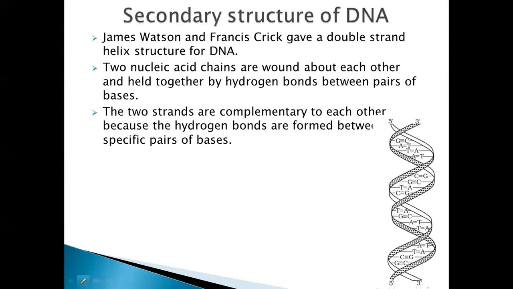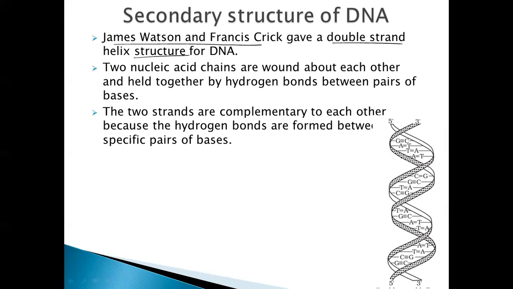And there's also secondary structure of DNA, and how this nucleic acid's structure can be described by Watson and Crick. So the Watson and Crick model gave a double-stranded helix structure for this DNA. That means it consists of two strands here.